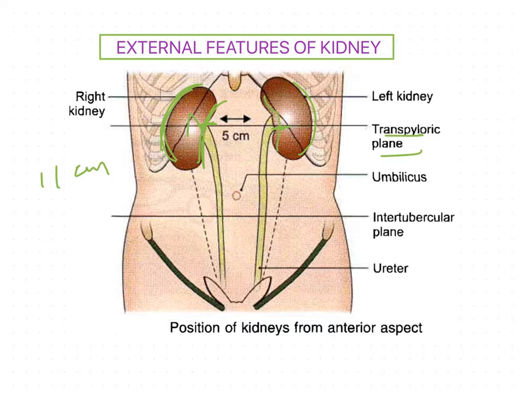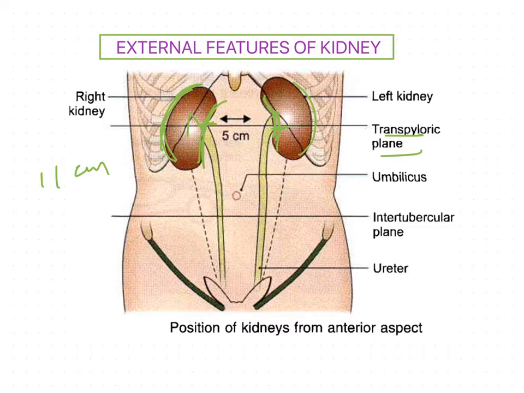On the medial border there is a depression, which is called the hilus or hilum. The hilum is the opening through which the blood vessels and nerves pass through the kidney.